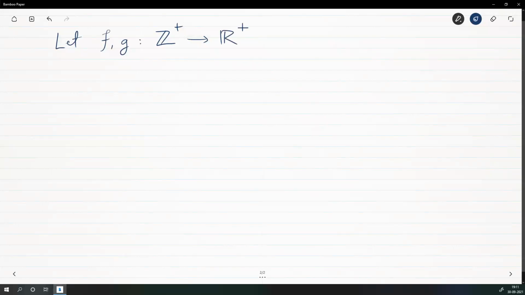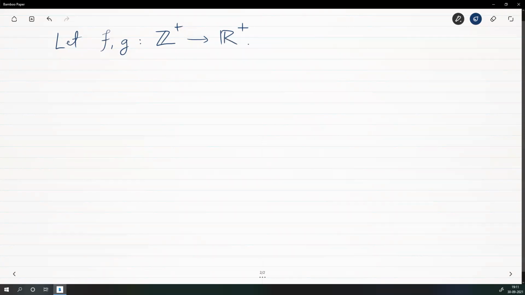Okay, Z plus to R plus. We will extend this definition a little bit more, but there is really no difference. I mean, finally, for most cases, it's actually of this kind, functions which go from positive integers to positive reals. Okay, so let f and g be functions from positive integers to positive reals, and we have two definitions.